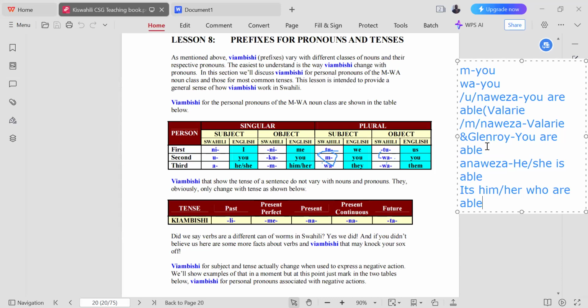But you see now English separates it. When you refer to Glero, English will say he is able. English now introduced the gender in that aspect. When you refer to Sister Valerie, English will say she is able.